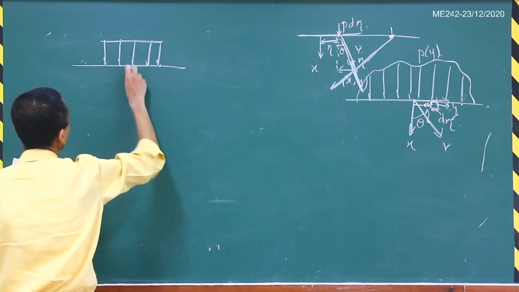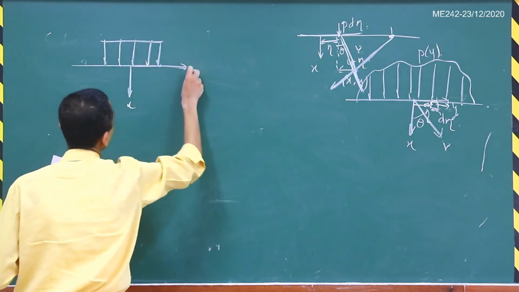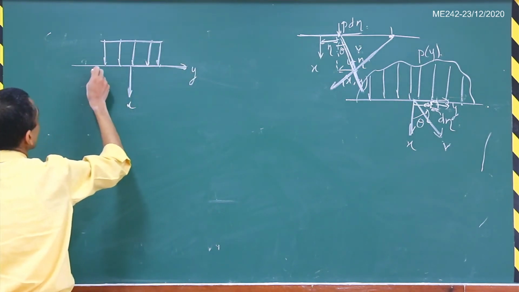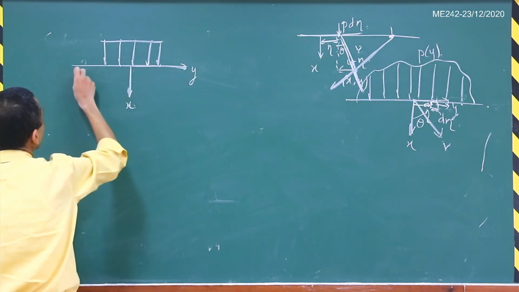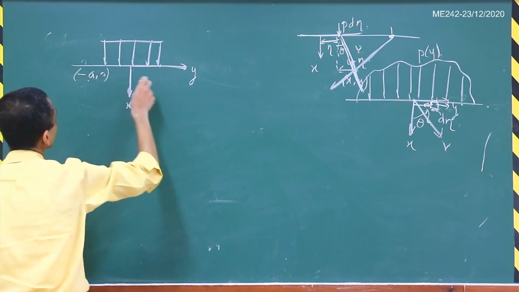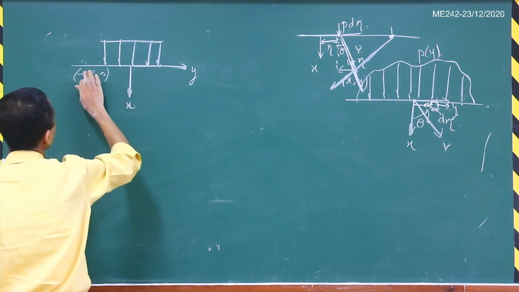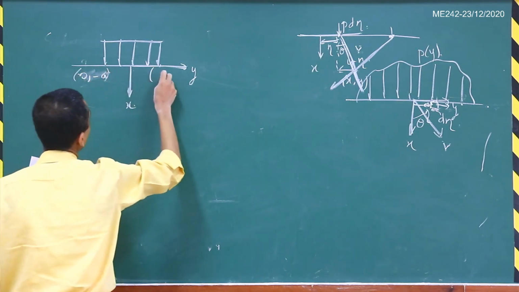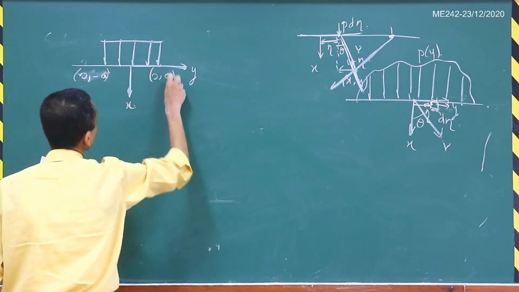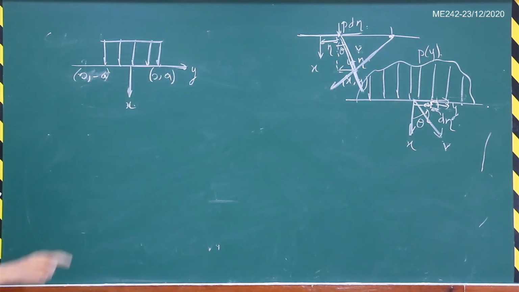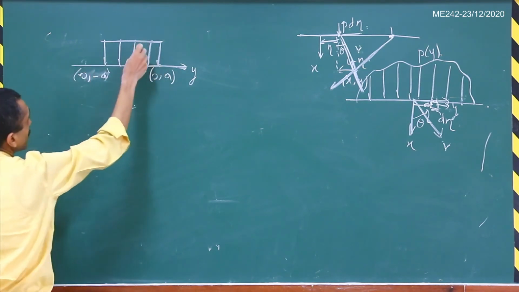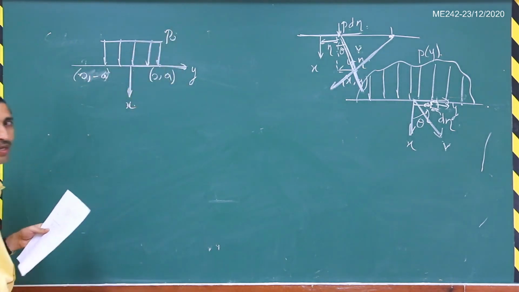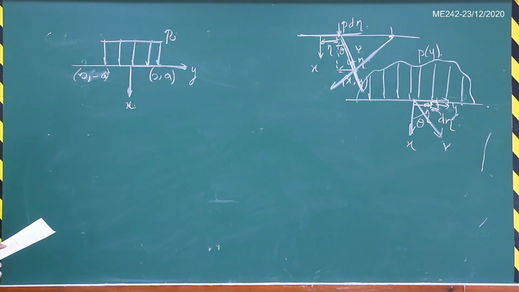This is x, this is y, and this is minus a comma 0. 0 comma minus a, and this point here is 0 comma a. So it is extending from 0 comma minus a to a, and this is a uniform load P naught here.